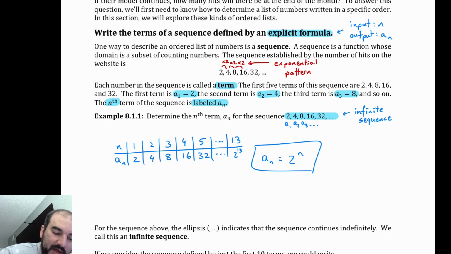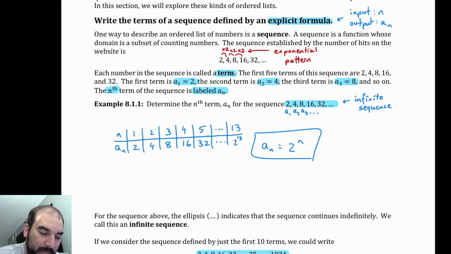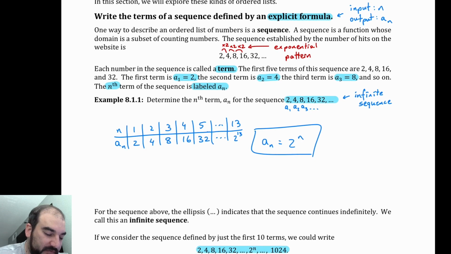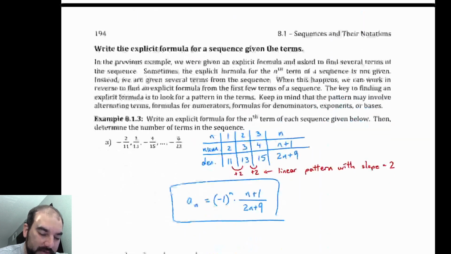Meaning you're going to have that number that you're multiplying from one term to the next raised to some kind of exponent that has an n in it. That's why we ended up with an exponential function for that type of pattern. So that's something to look out for when you're looking to find the explicit formula for a sequence.